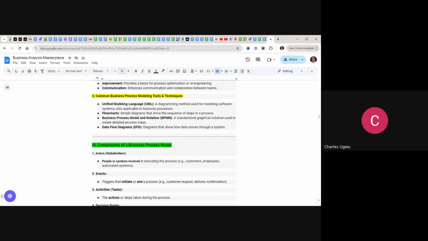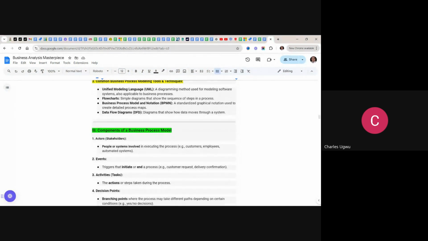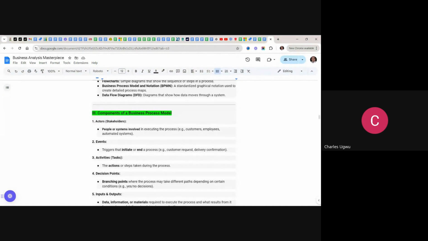So let's look at the components of a business process model. In a business process model, we have people we call actors. These are various stakeholders that have got something to do within the requirement you are trying to model, and the role they are playing within that process.